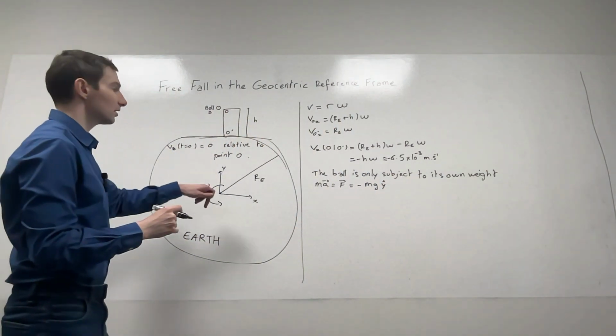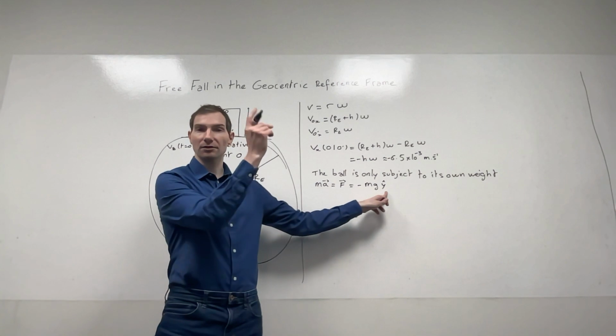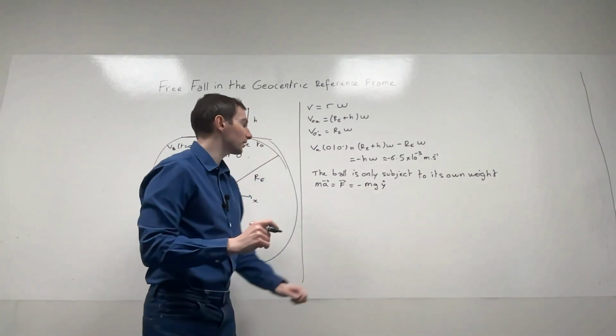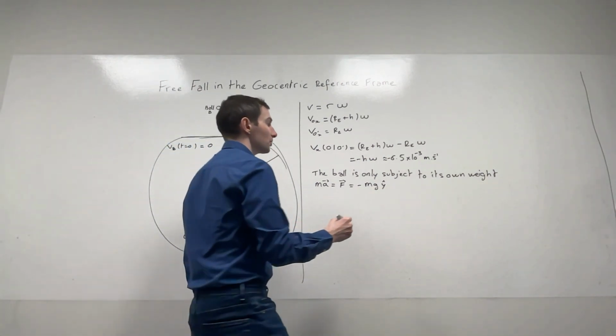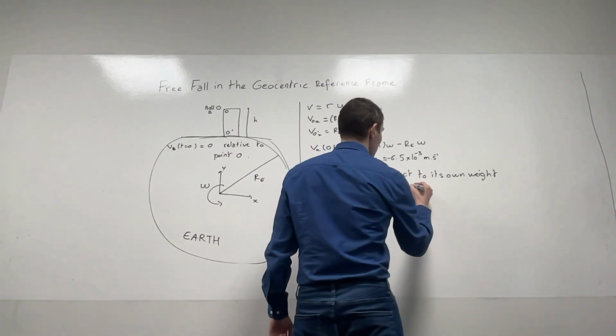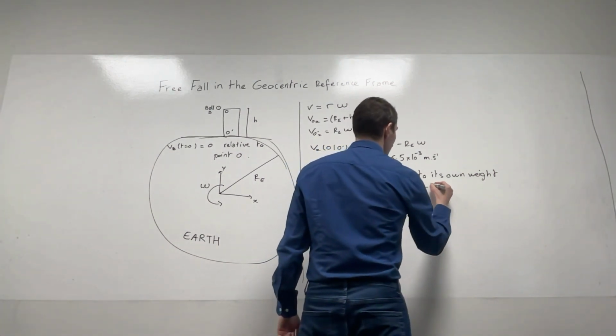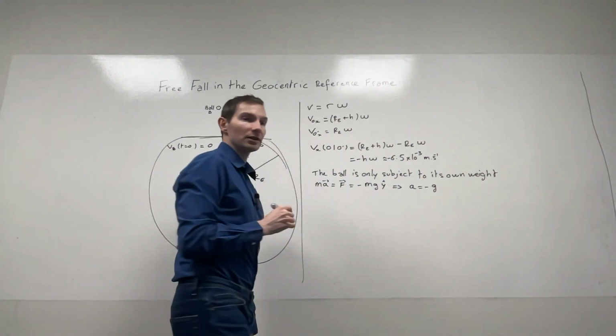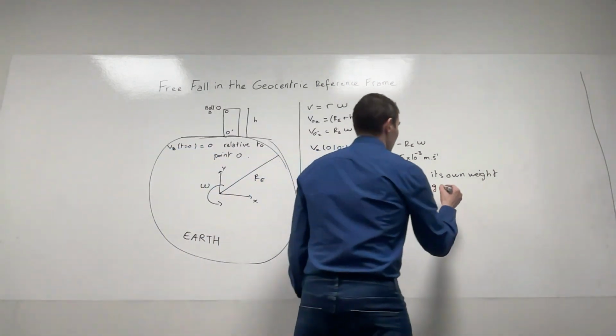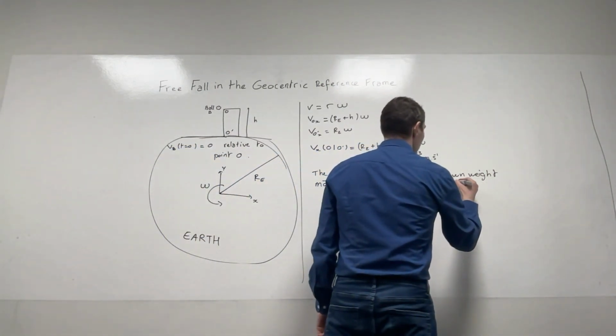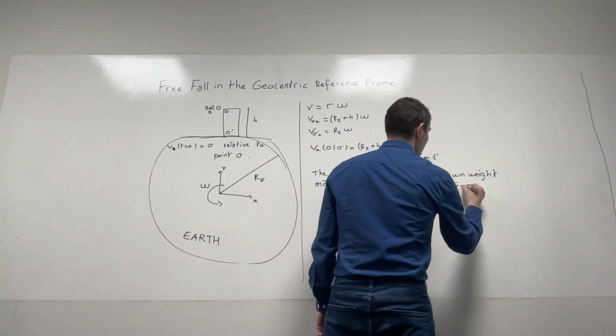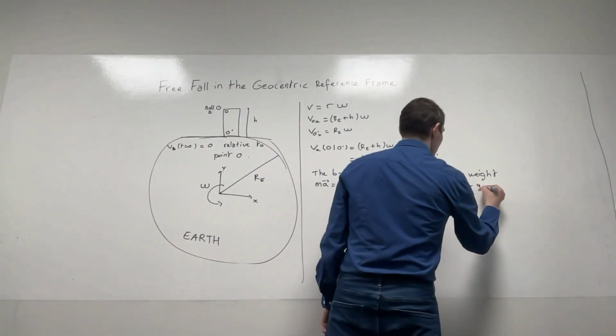Here y with a hat is a unit vector that points in the y direction, and so this is going to lead you to the traditional a is equal to minus g, where a is y dot dot, so the second derivative of y with respect to time is minus g.